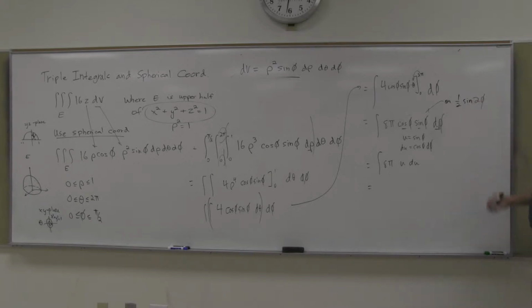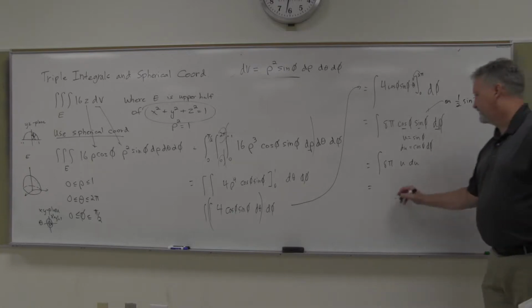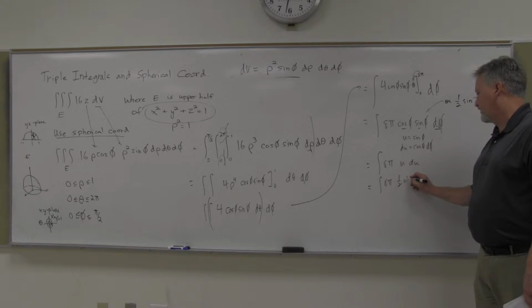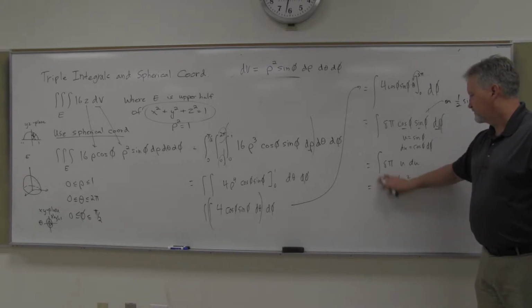Sorry, I can't keep my thetas and phi straight. But that's another way you can do it, but you're still going to have to use U substitution on that. So either way you go. All right, so that's just 8 pi times 1/2 U squared. Oops, now we integrated it.